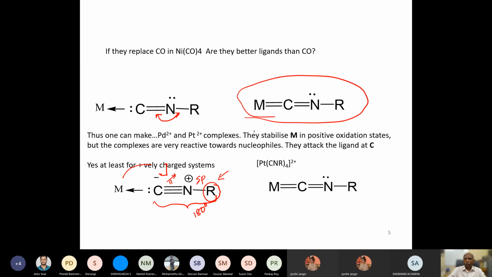You will have a form which has got a sigma bond in this direction and a pi bond in this direction. The direction referring to the flow of electron density from the metal to the ligand. So this leads to a linear geometry, but also notice that it leads to a ligand which is significantly polarized.